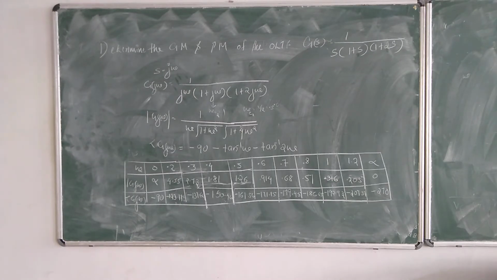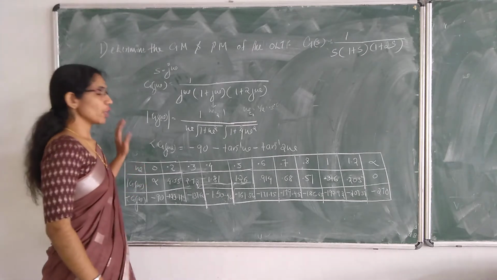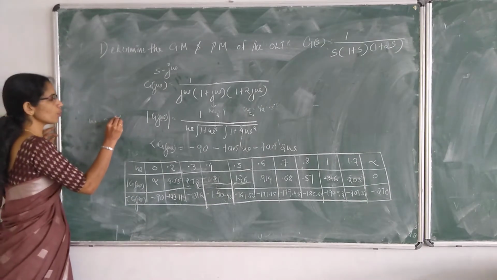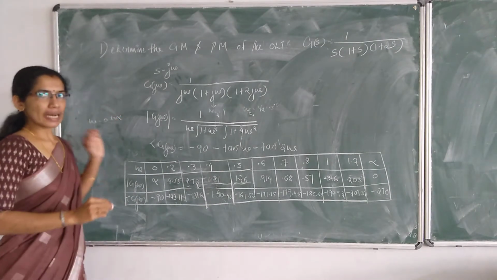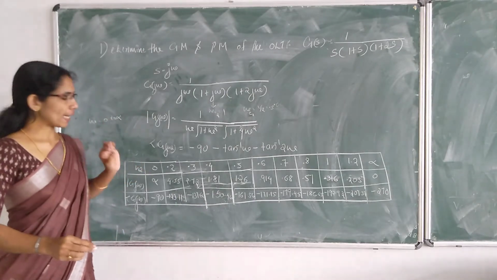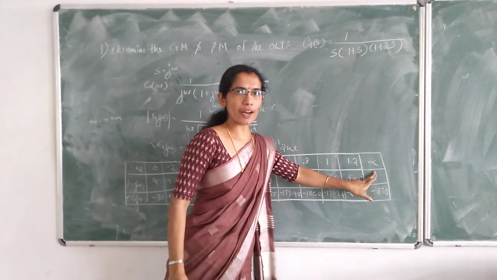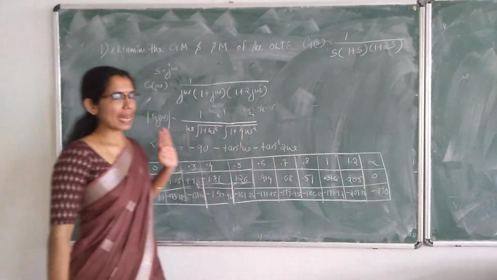We know that the polar plot is based on omega equal to 0 to infinity. So for the starting point and ending point, consider omega equal to 0 as the first point and omega equal to infinity as the last point.